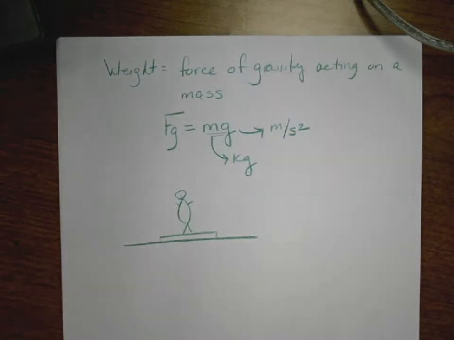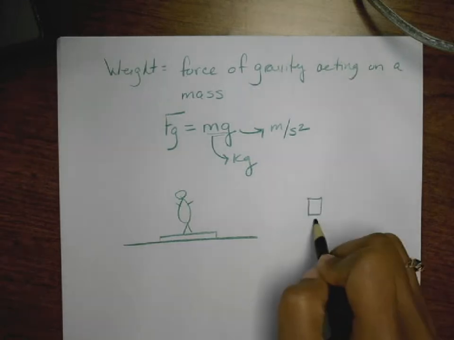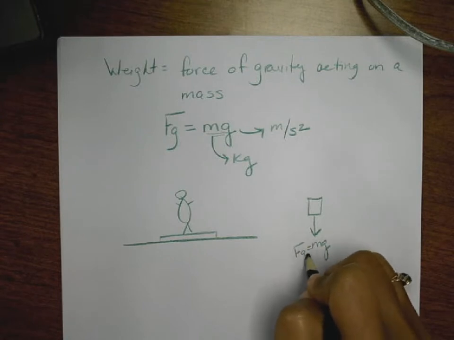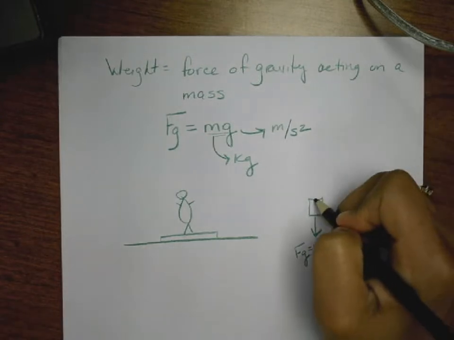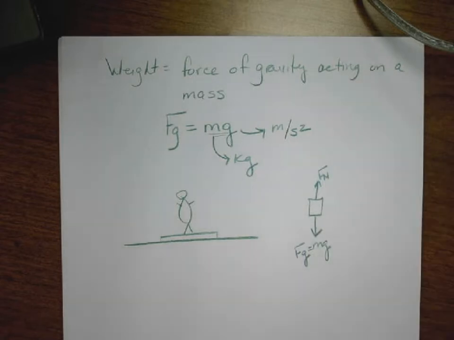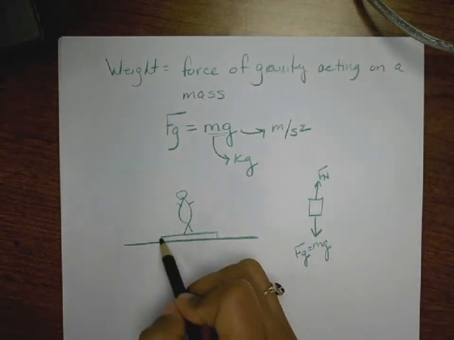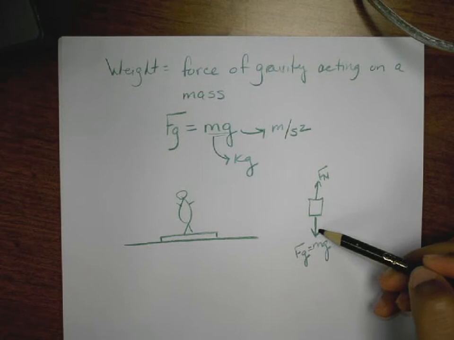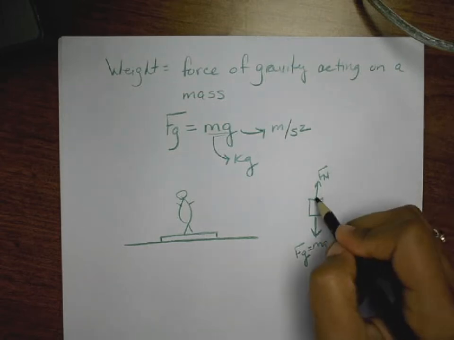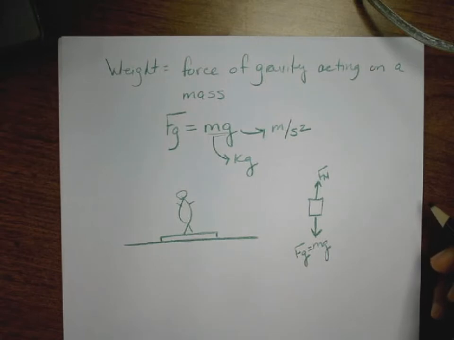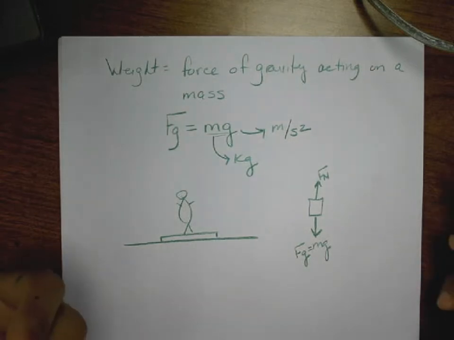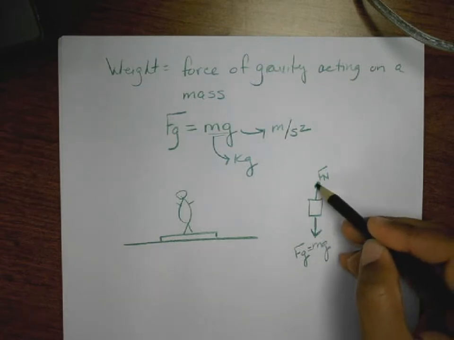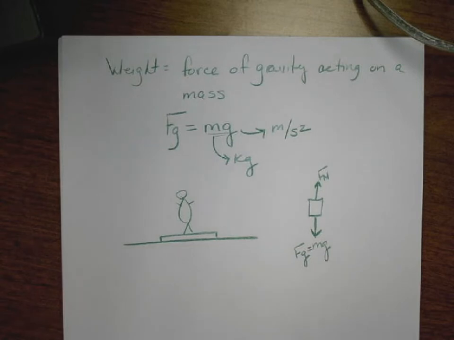Well, if I did a free body diagram on you, on the scale, we get F of G, which is your weight going down, mg, and coming up, we have F of N. Now, what the scale is telling you, in reality, is not how much gravity is pulling you down, but how much it is pushing you up. And if you're not moving, then your forces are balanced, which means that mg is the same as F of N, and you kind of figure that's how much you weigh.